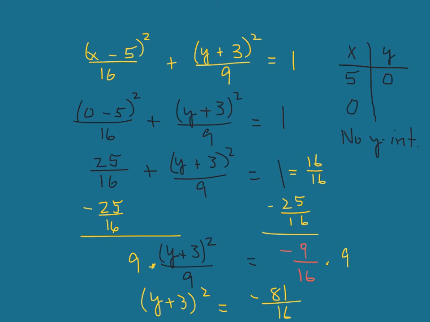So if I take the square root of both sides here, positive or negative, the square root of negative 81 over 16, this is not a real number. Square root of a negative value, that is not a real number. Therefore, there is no y-intercept.